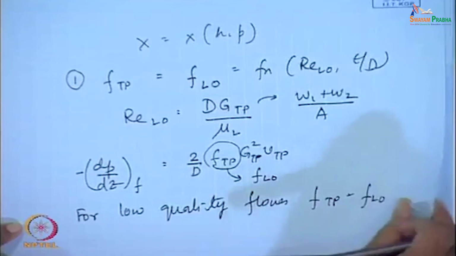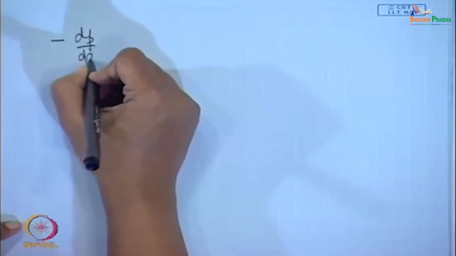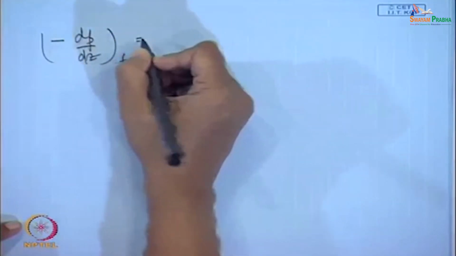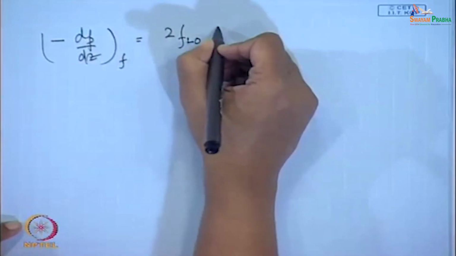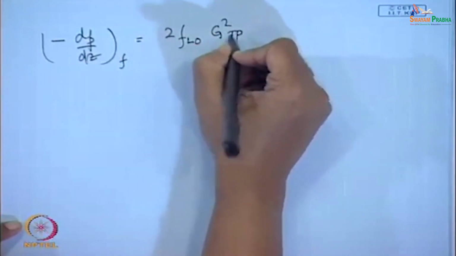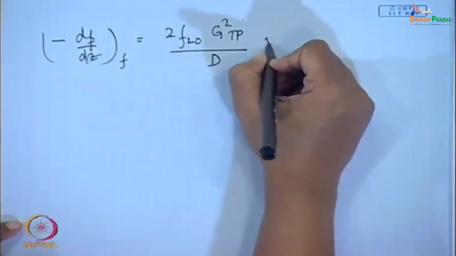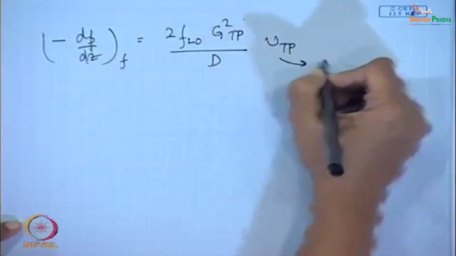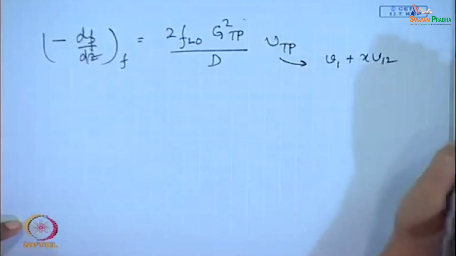Under that circumstance, what do we get? We get minus dP dz frictional, the frictional pressure gradient. This can be expressed as 2 F frictional for liquid only, Gtp by d Vtp, where we know that this Vtp is nothing but V1 plus x V12, is it not?